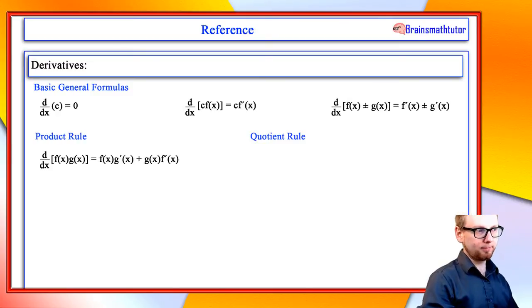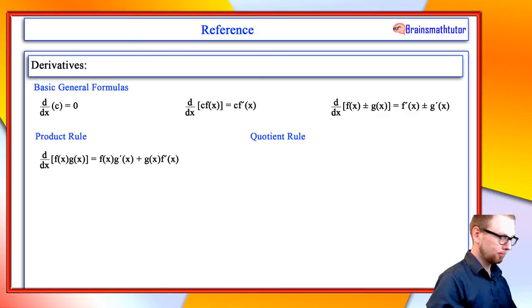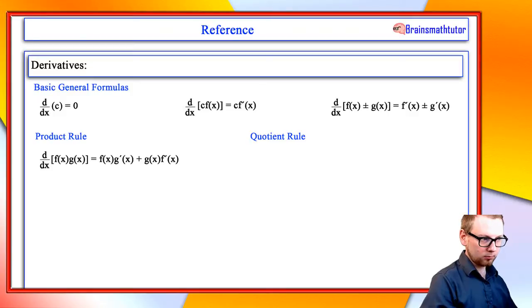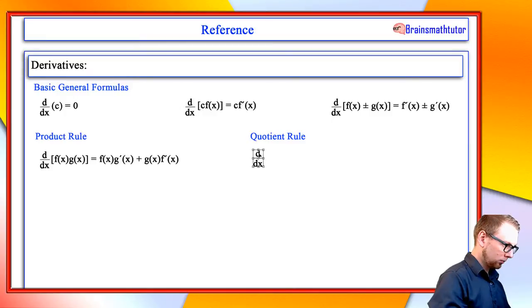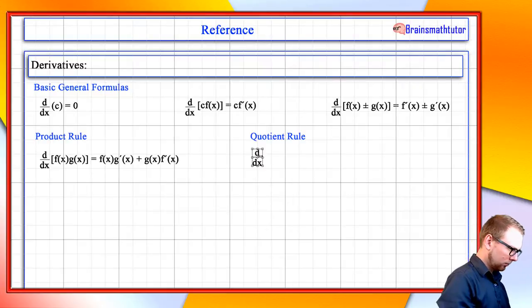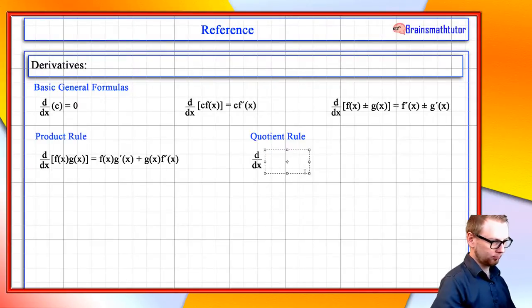Let's get this done. Nice. Okay. Quotient real time. Font. Bad font.